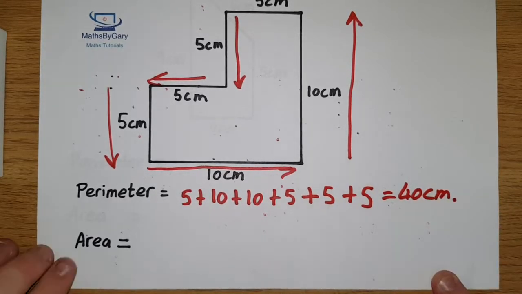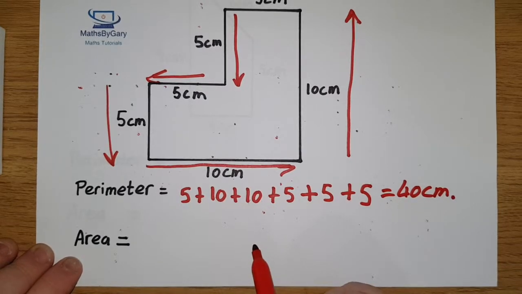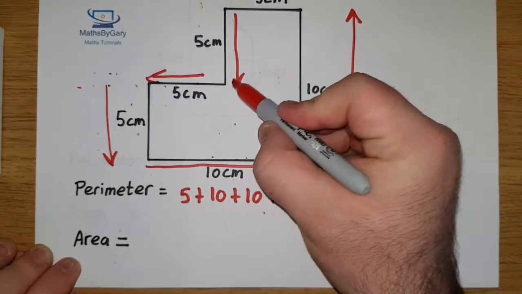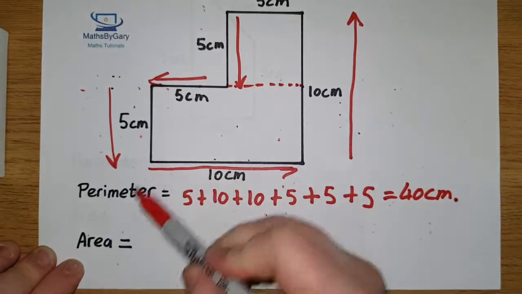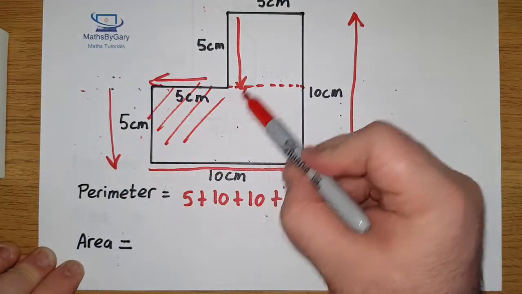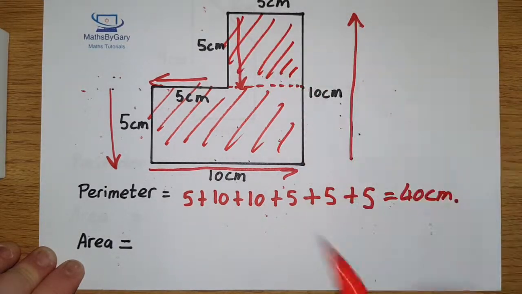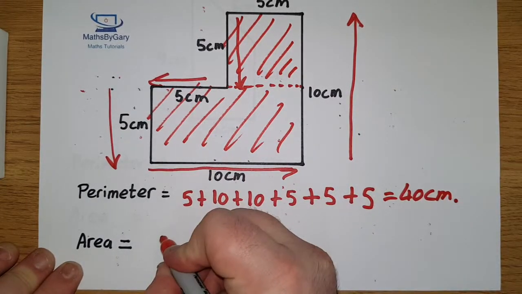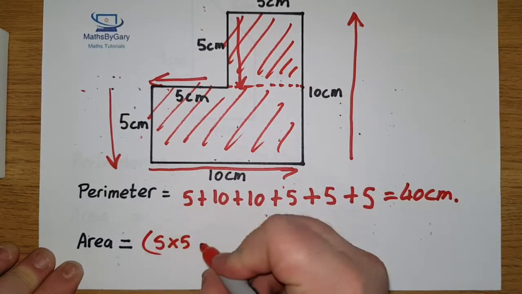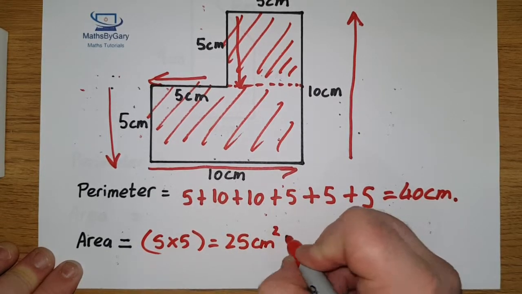So the area, now the area of this shape, if we look at it, what we actually have is two shapes. So if we split it here, we then have the area of a rectangle plus the area of the square. So take the square first of all. So 5 times 5 gives us 25 centimetres squared.